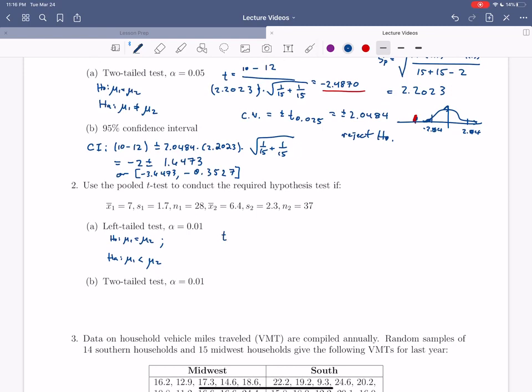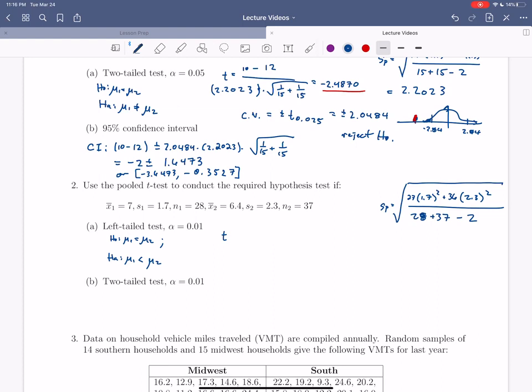We're going to end up with the test statistic. So that's going to be 7 minus 6.4 divided by the pooled standard deviation. The pooled standard deviation is going to be, I think it's just instructive to walk through it, n1 minus 1, so it's 27, times s1 squared, that's 1.7 squared, plus n2 minus 1, so that's 36, times s2 squared, so it's 2.3 squared, all over 27 plus 36, or 28 plus 37 minus 2, however you want to think about it is fine.